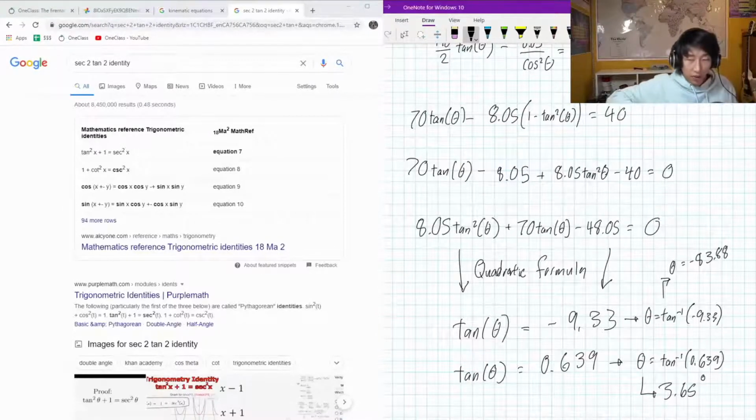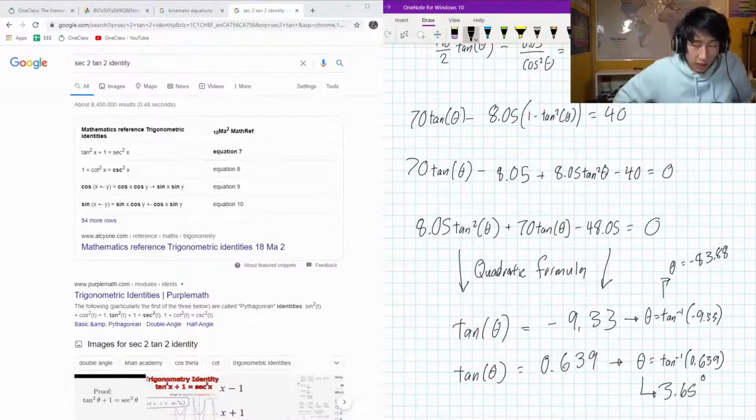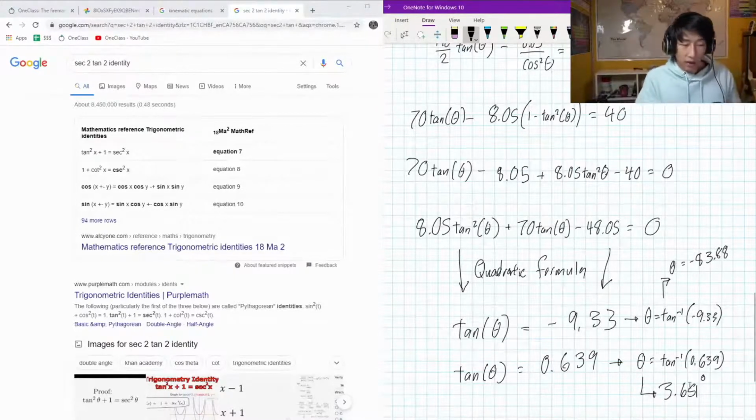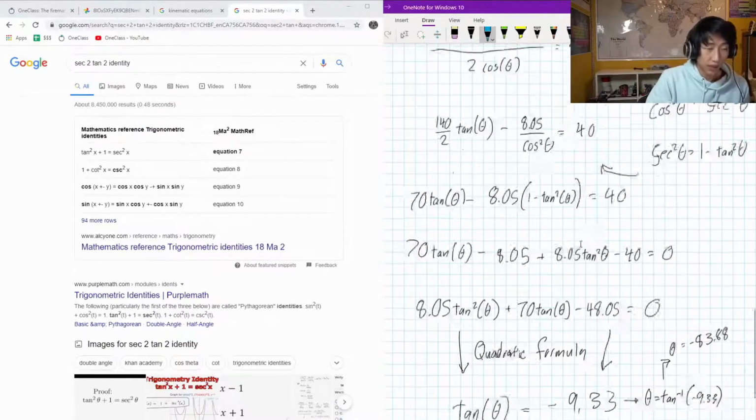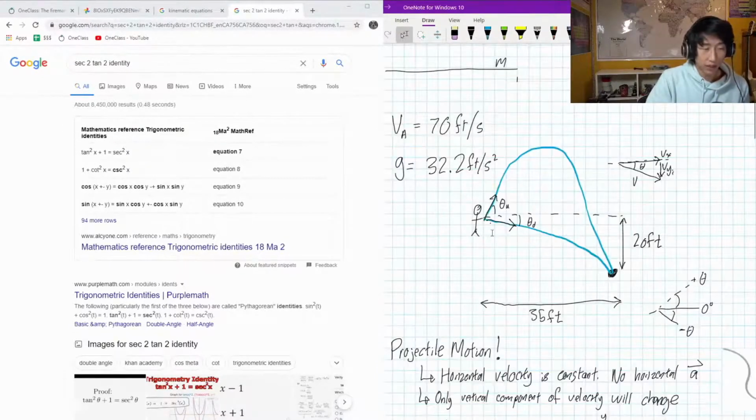Okay, so the signs are a little bit twisted from what we had originally, but we can see that given our original situation in this diagram, either you're shooting it pretty much straight vertical so that it falls back down onto the target, or you're pretty horizontal and it falls down.